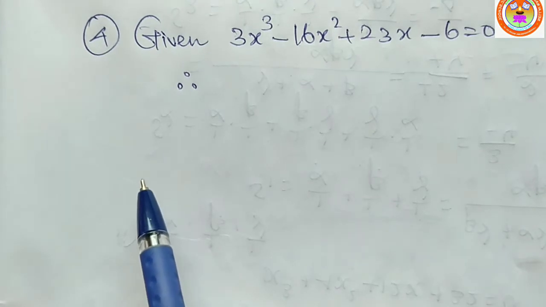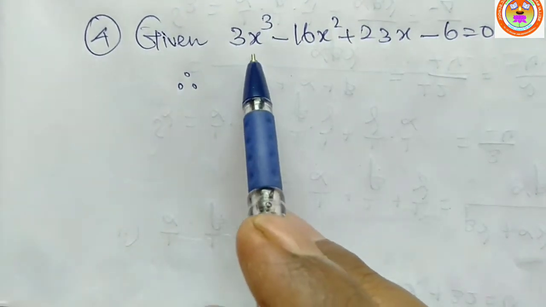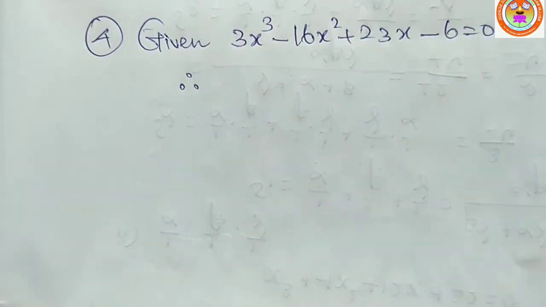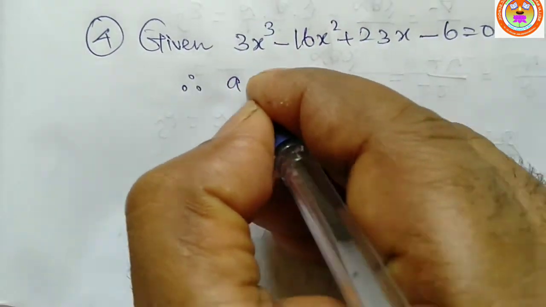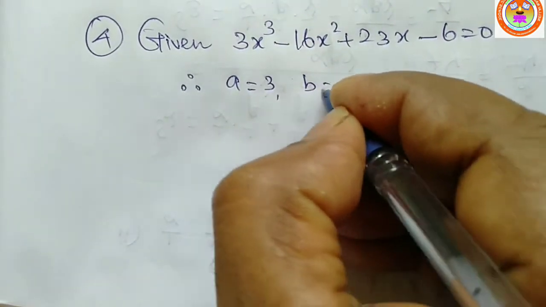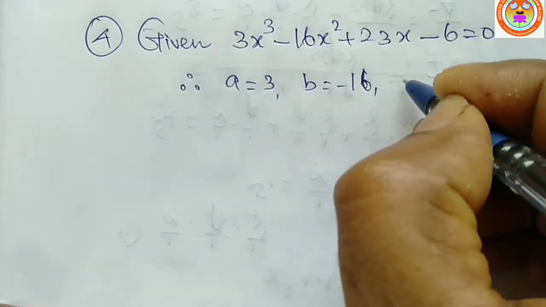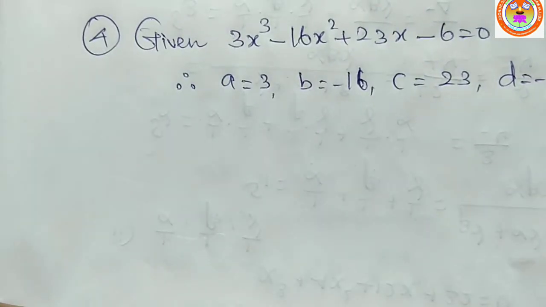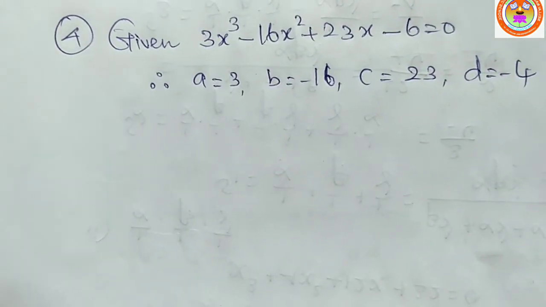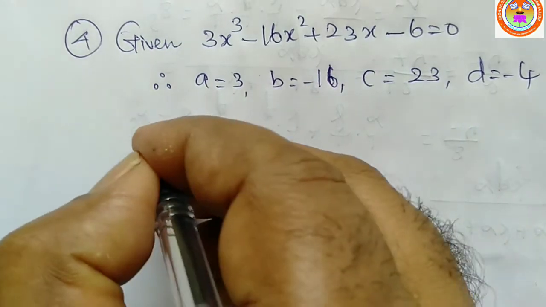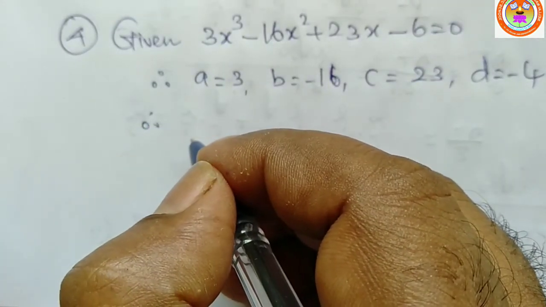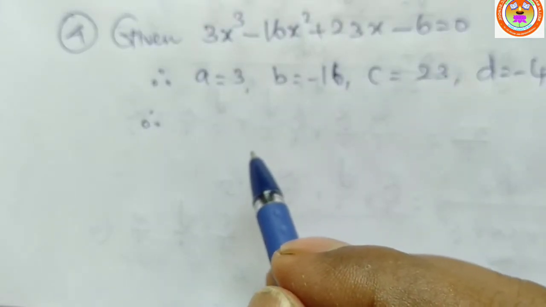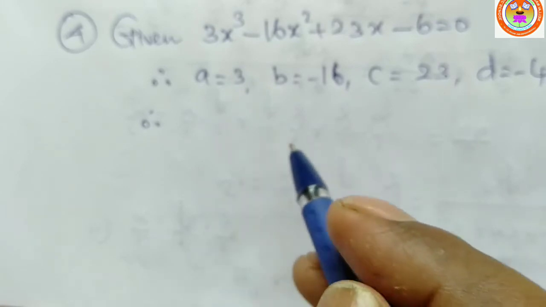Given one cubic equation 3x cube minus 16x square plus 23x minus 6 equal to 0. So here a is equal to 3, b is equal to minus 16, c is equal to 23 and d is equal to minus 4. Therefore, it is given that the product of two roots is 1.